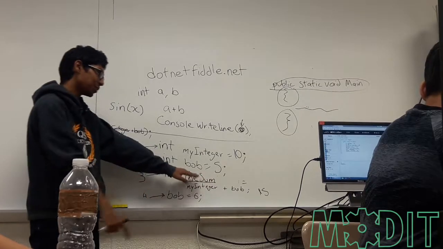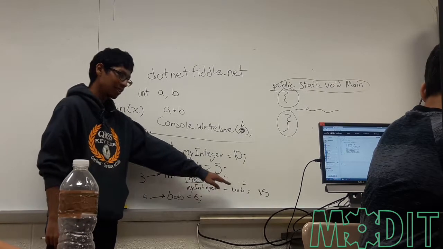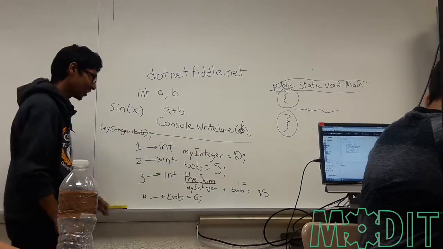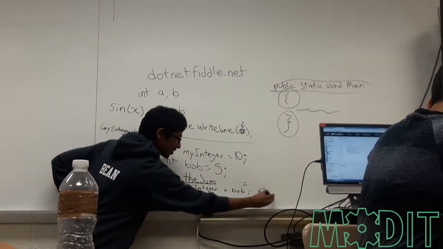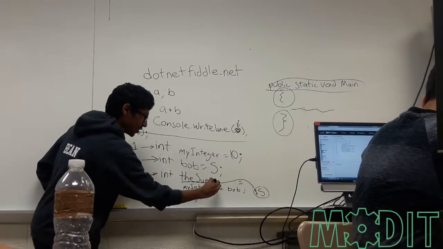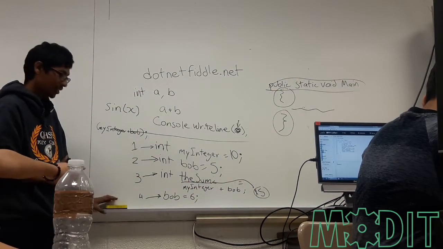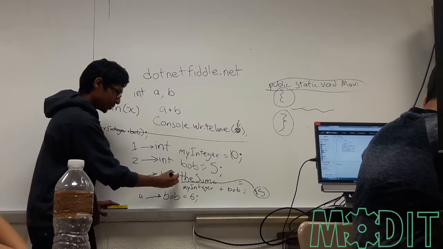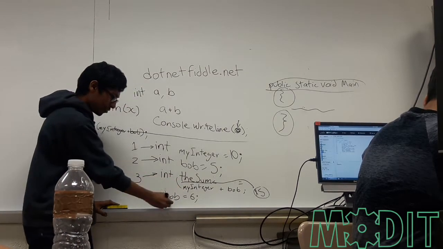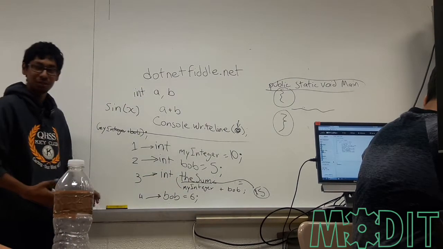That's because at time equals 3, or the third line, we said it was whatever the current value of my integer, which is 10, plus whatever the current value of Bob is, which is 5, which is 15. And this 15 is stored. What if you rewrote that on the bottom after 6? If you were to do this after this line, then it would be 16.